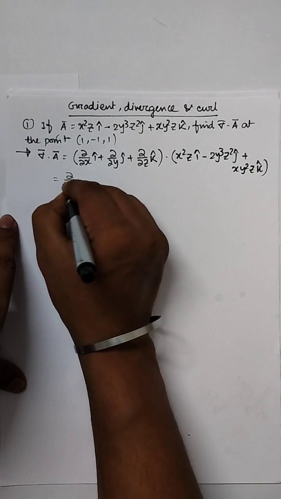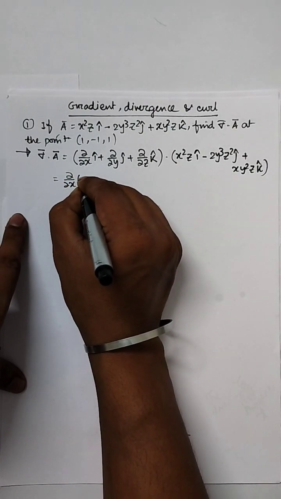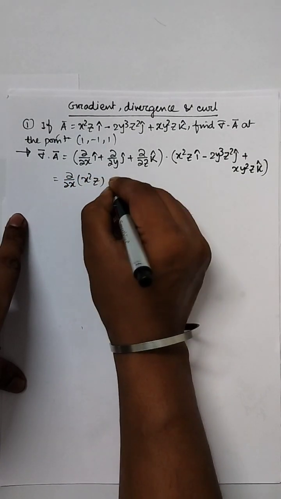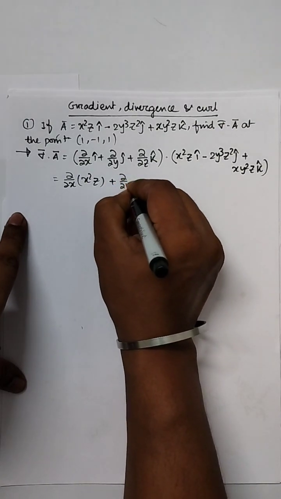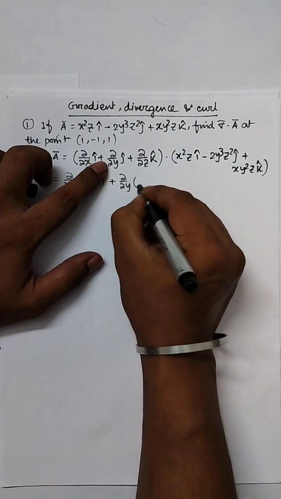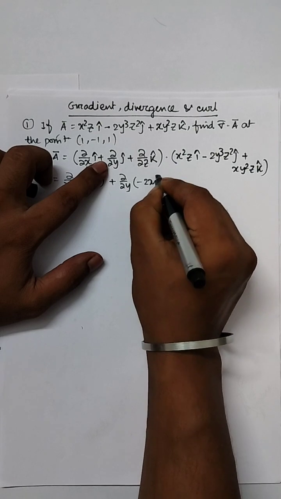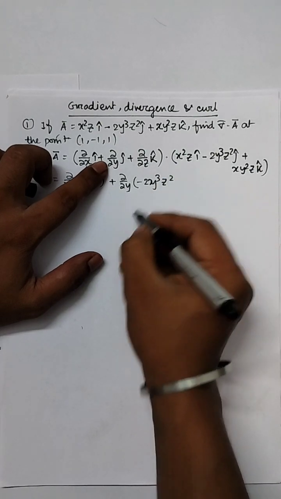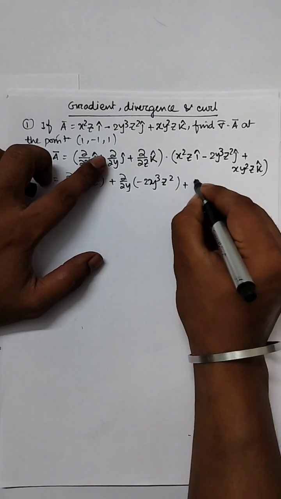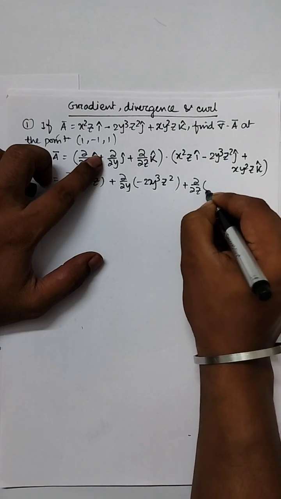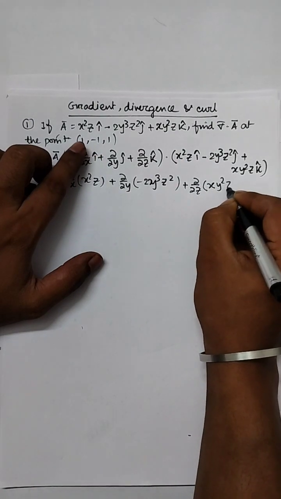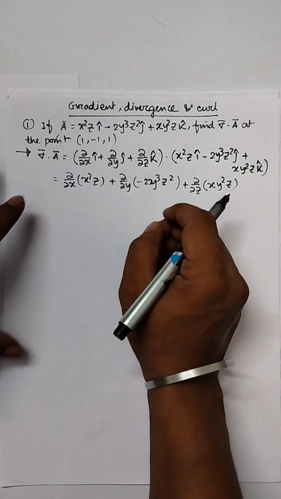So the solution is del/del x of x squared z plus del/del y of minus 2y cubed z squared plus del/del z of x y squared z.